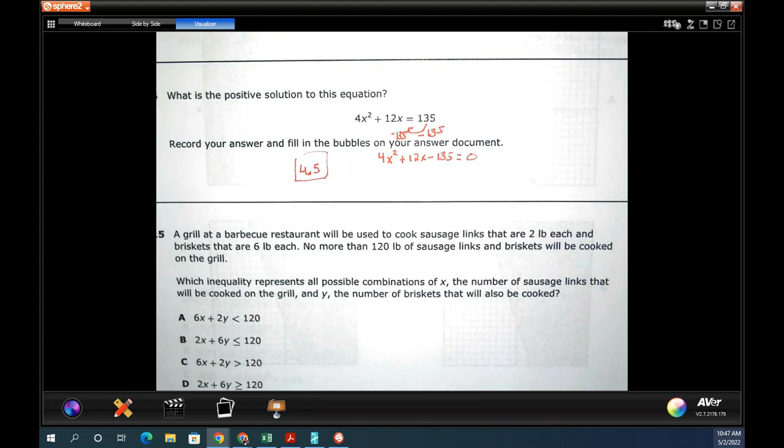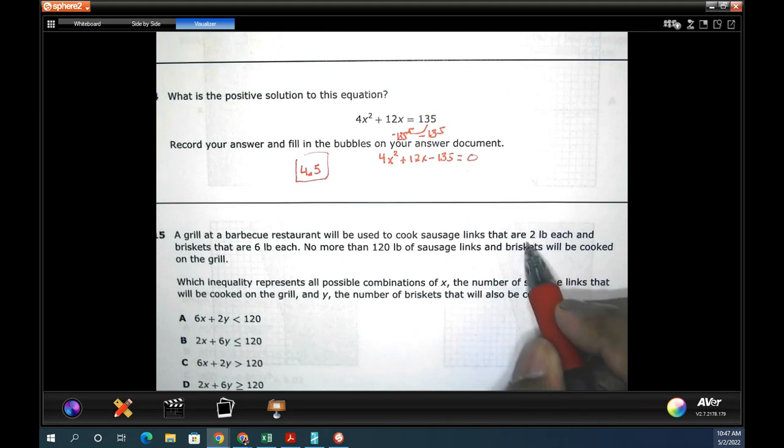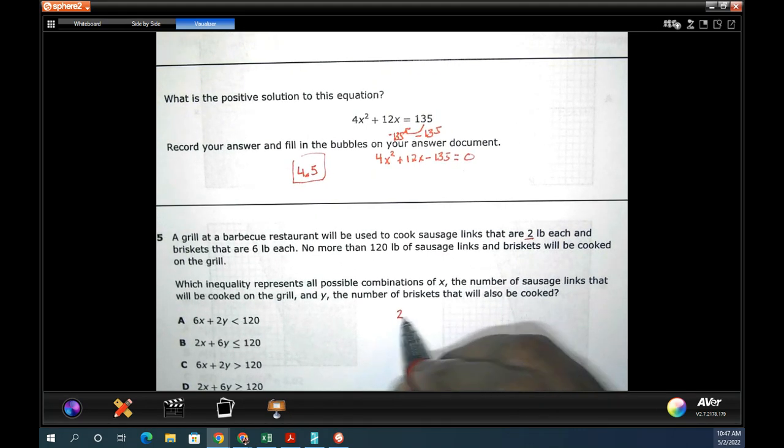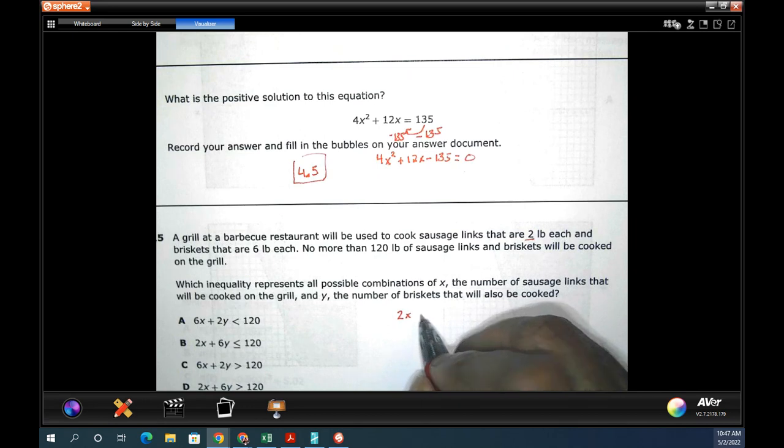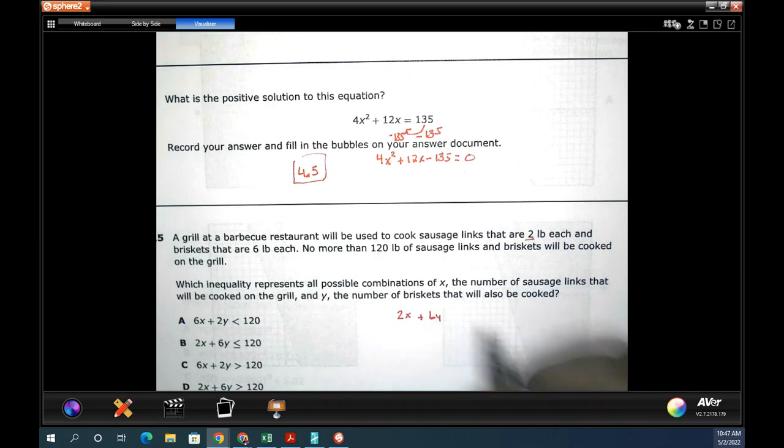Which inequality represents the possible combinations of X, the number of sausage links that will be cooked on the grill, and Y, the number of briskets that will also be cooked? You have to go back up here. Sausage links are 2 pounds, so that's 2X. Brisket is how much? 6. You're going to add those, so that's 6Y. And then let's just write 120 over here.